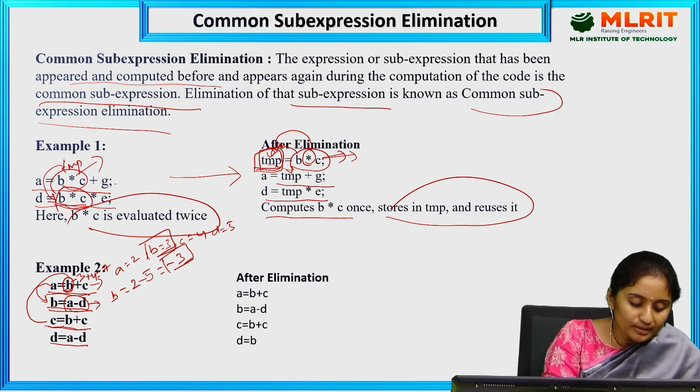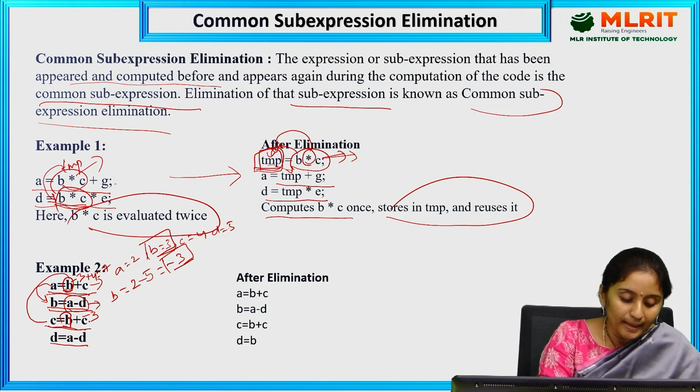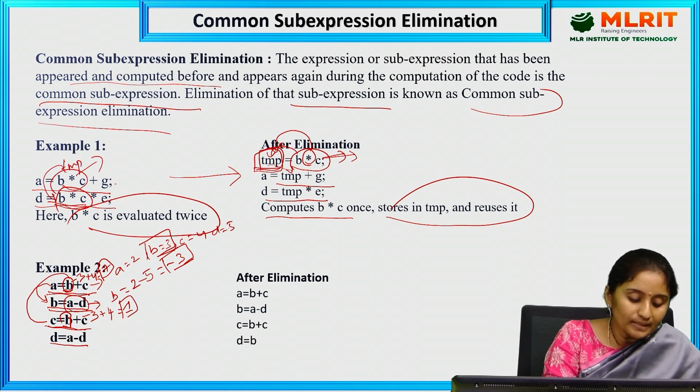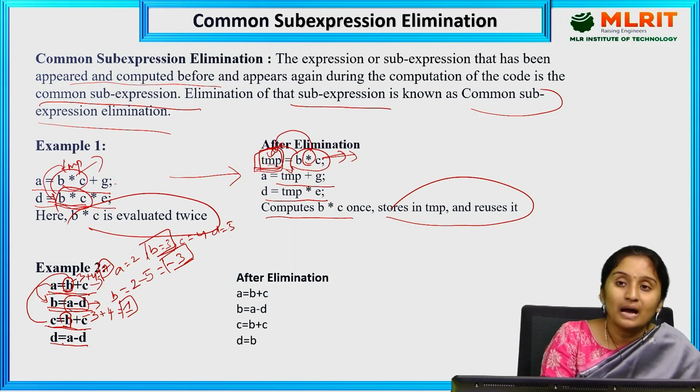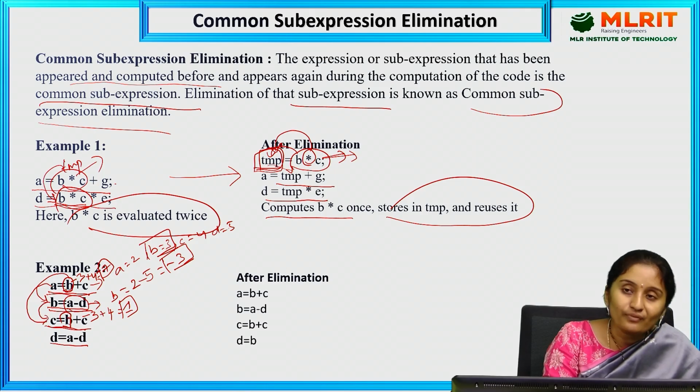But coming to here, the value of B is taken as minus 3 and C is 4, so I am going to get the value 1. Here I got the output 7, and here I got the output 1. So in B plus C, the original value 3 was there, but here the B value is updated to a new value, because from the second expression the B value is updated and that value is taken here.